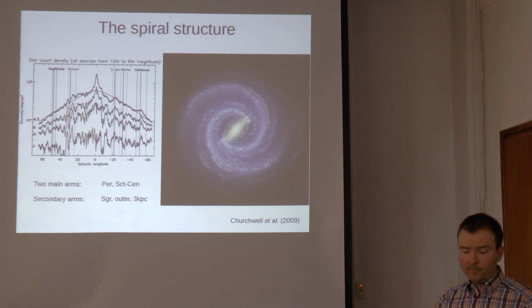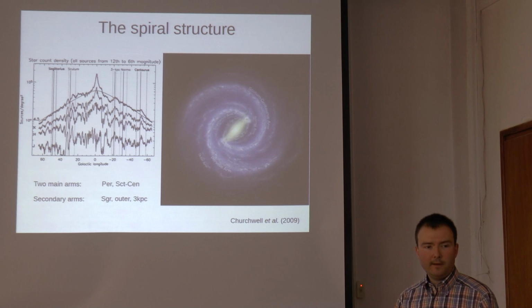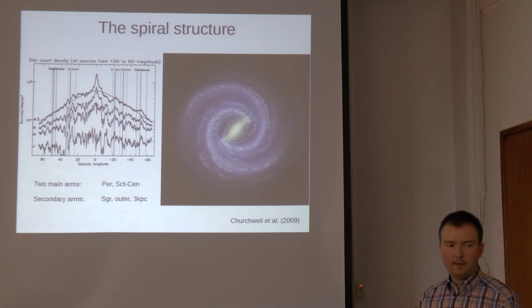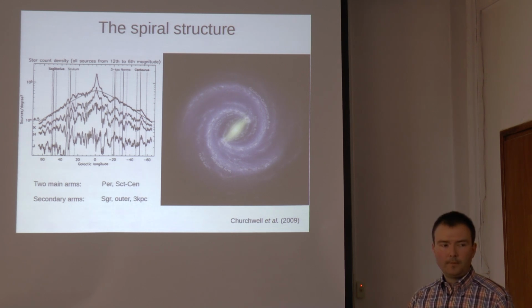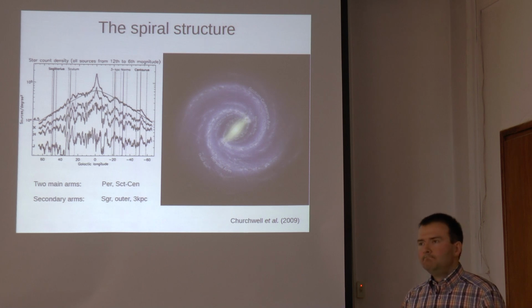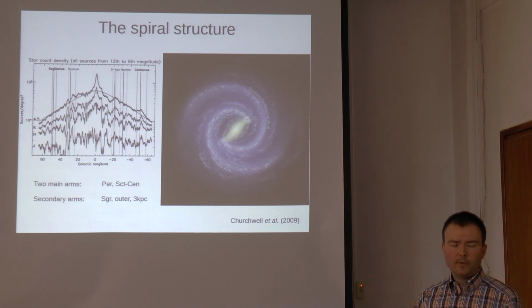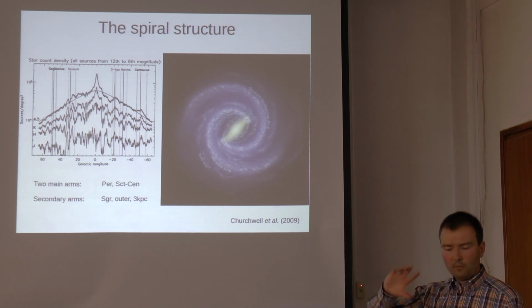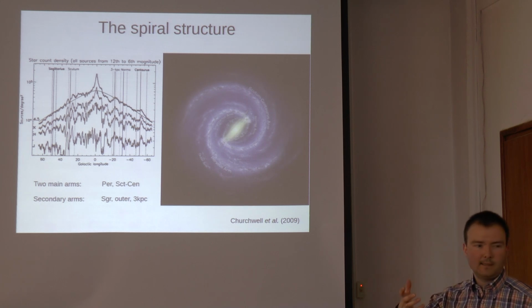So it's more or less 11 gigayears. And this structure was present from the beginning always? Probably yes. And it is believed that the galactic bulge was formed after the galactic disk.